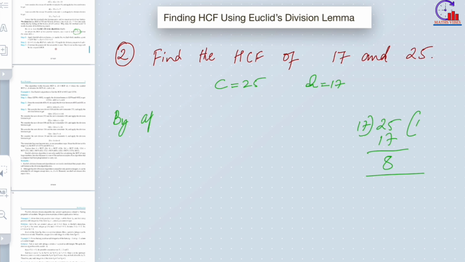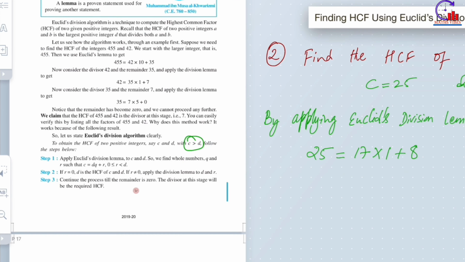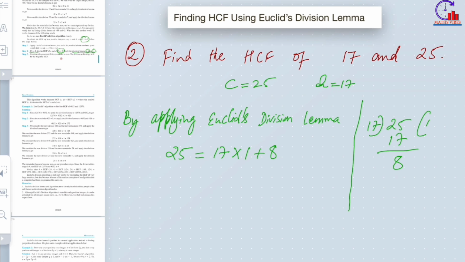By applying Euclid's division lemma, I can write 25 is equal to 17 into 1 plus 8, right? Here the value of R, that is 8, is not equal to 0. That means we have to apply Euclid's division lemma to 17 and 8.